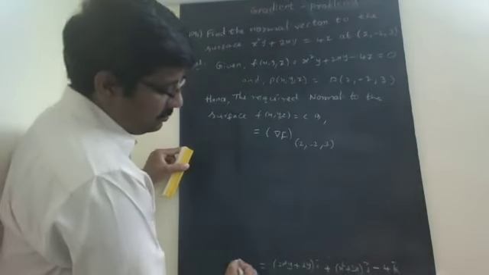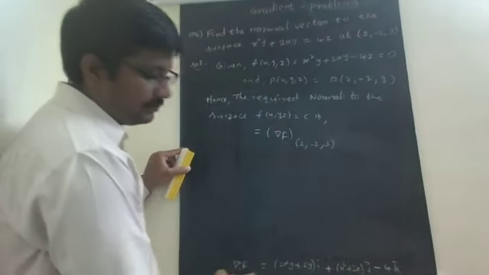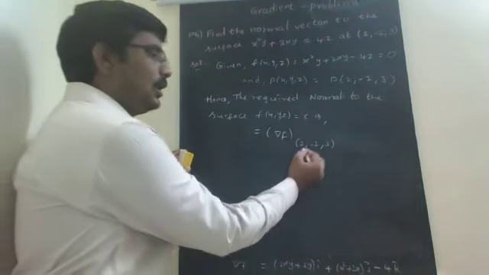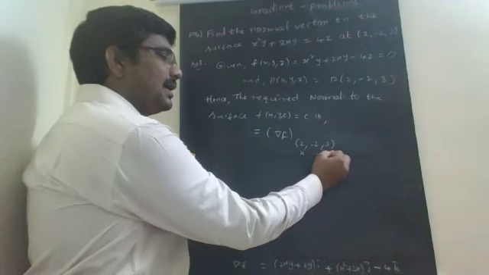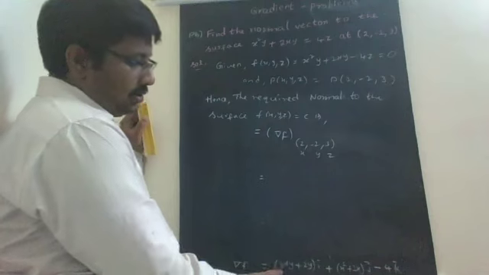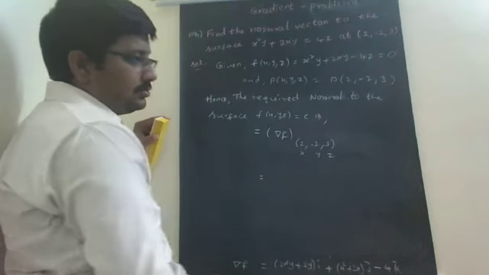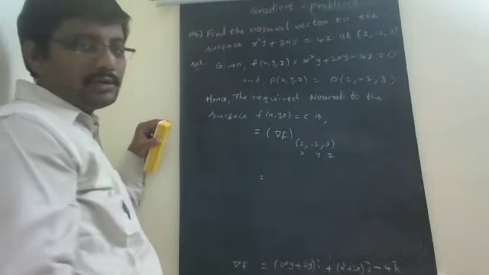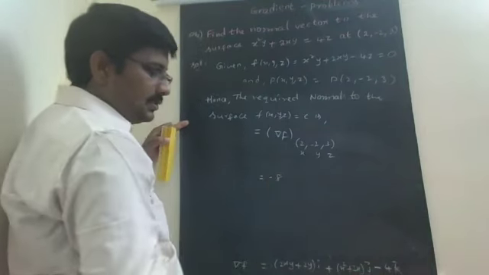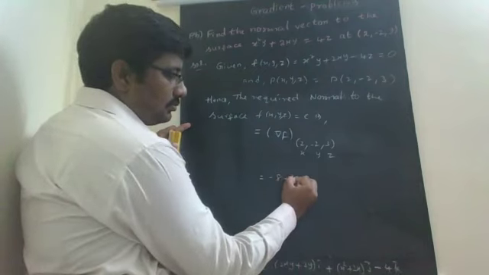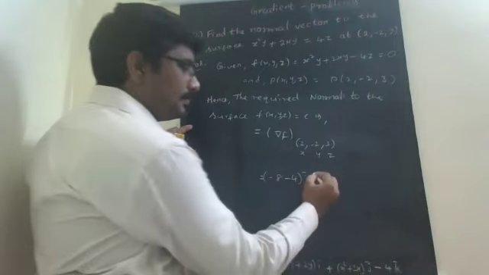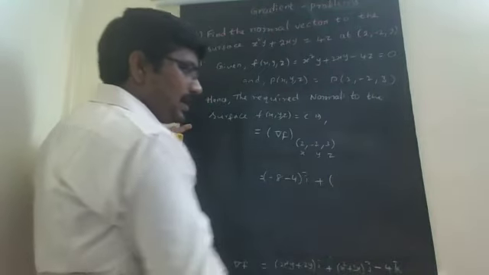So here we have already done del f, just we have to replace x as 2, y as minus 2 and z as 3. So replacing these values, 2 into minus 2, so that is 2 into 2 is 4, 4 into 2 is 8, so we are having minus, so that minus 8 plus 2y, minus 4, into i bar plus x square plus 2x.